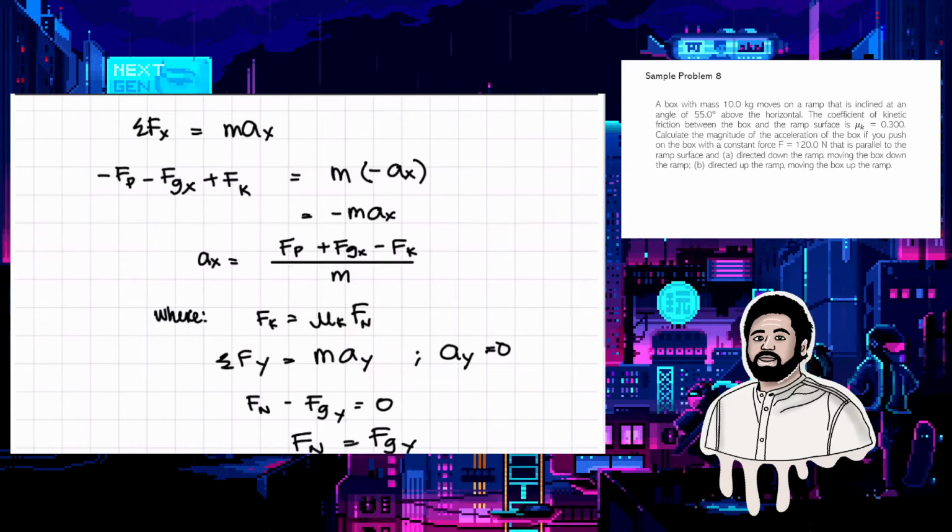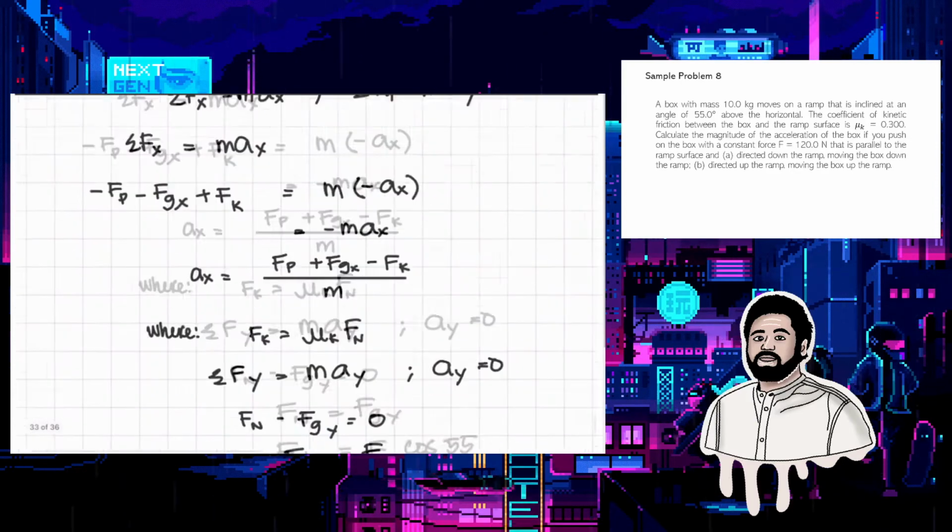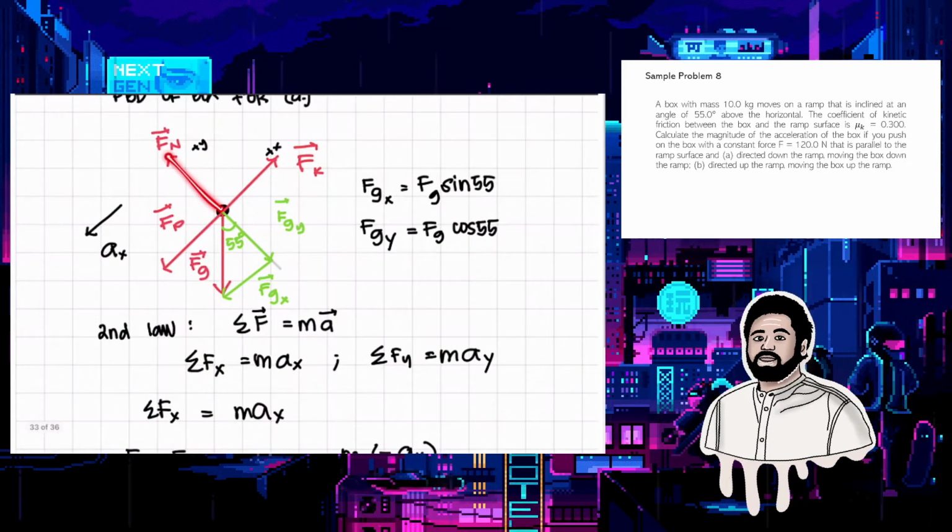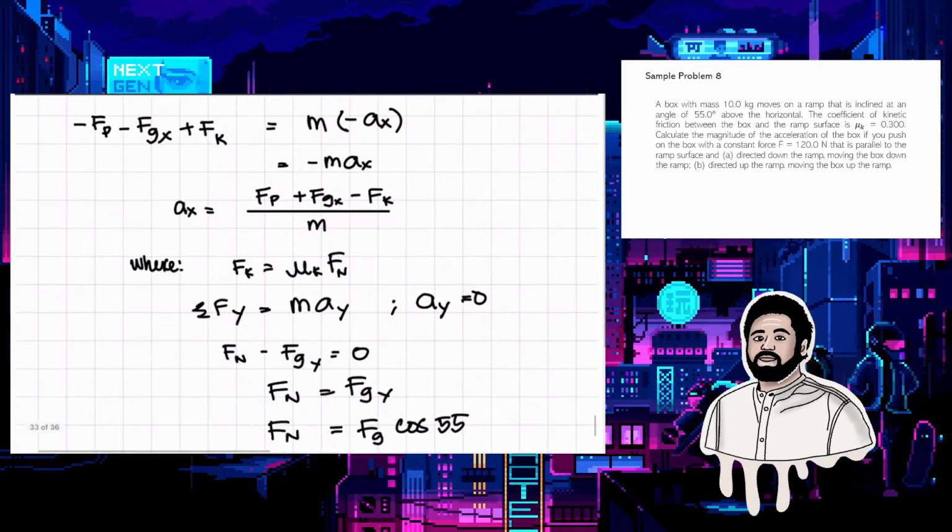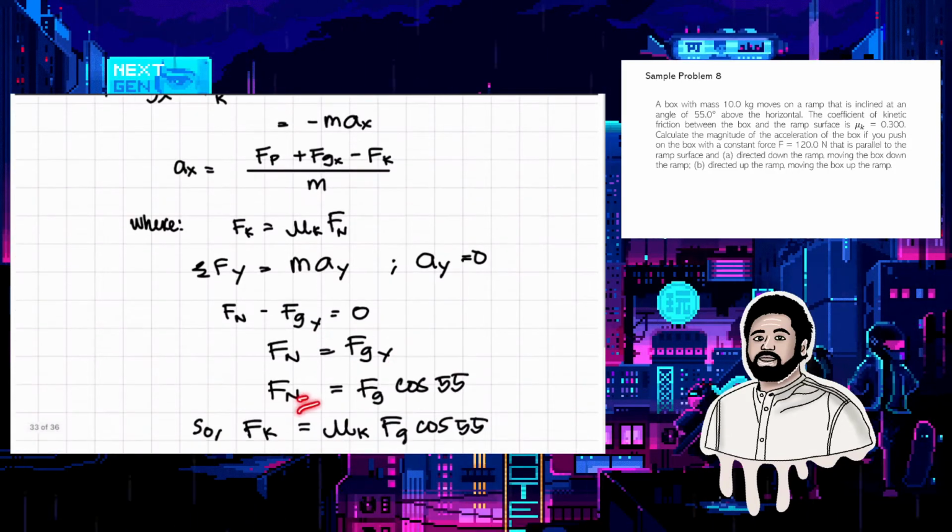So summation of forces along the y is equal to m ay, wherein ay is equal to 0. So we have normal force minus Fgy. So Fn minus Fgy equal to 0. So Fn is equal to Fgy, wherein Fn is just equal to Fg cos 55.